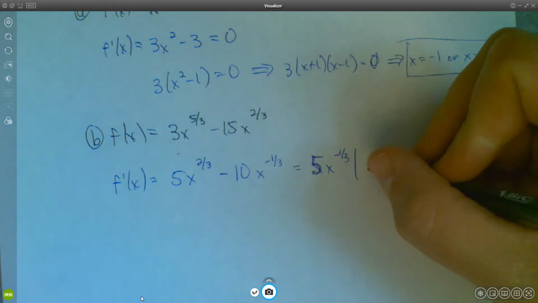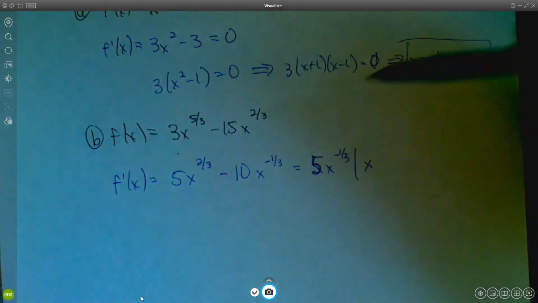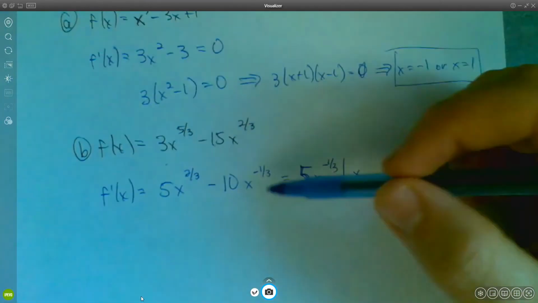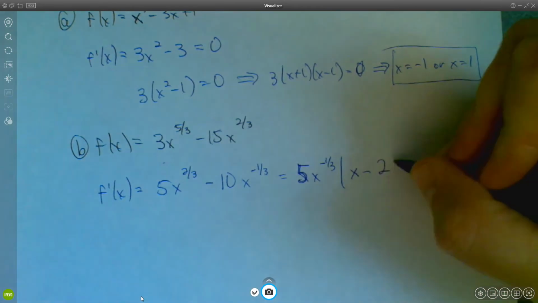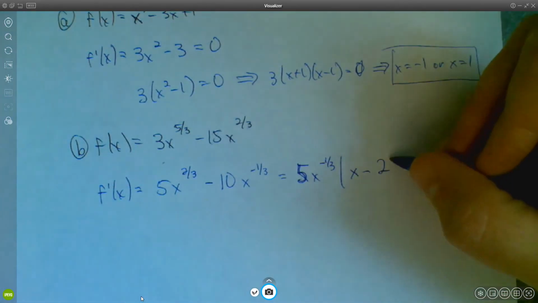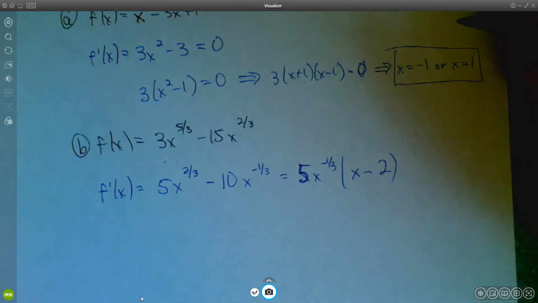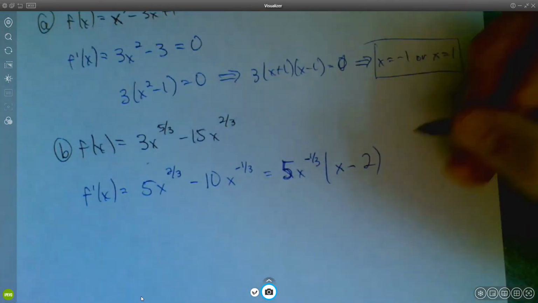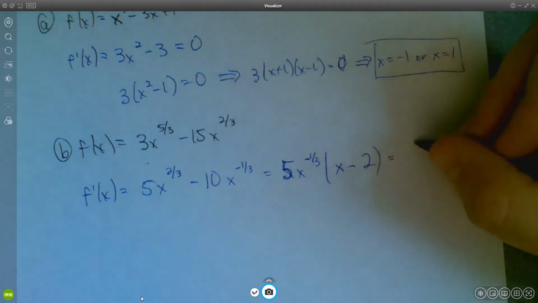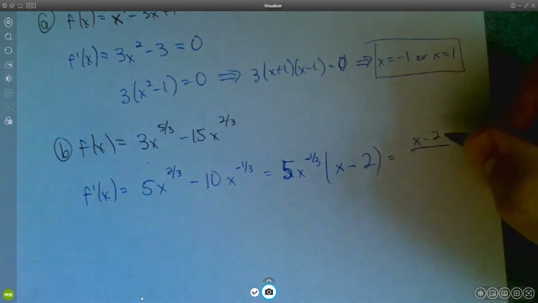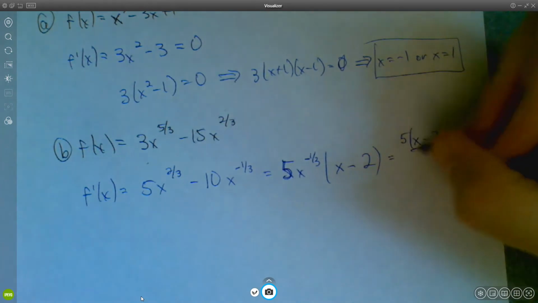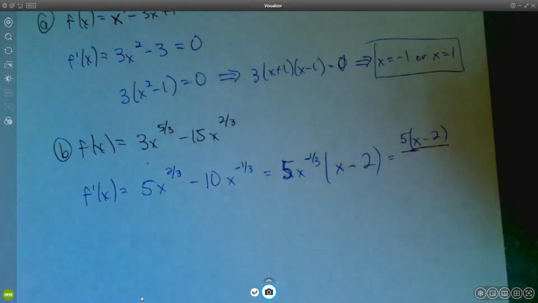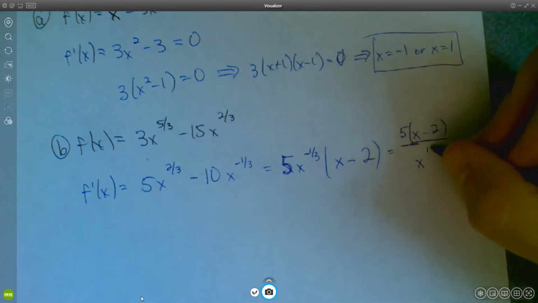That's 3/3. That's just x. And then here, 10 divided by 5 is 2, so I'm going to be left with 2. So there you go. And then I can simplify that a little further. Actually, I suppose the 5 would remain up here, right? It'd be 5 times x minus 2 over x to the positive 1/3.